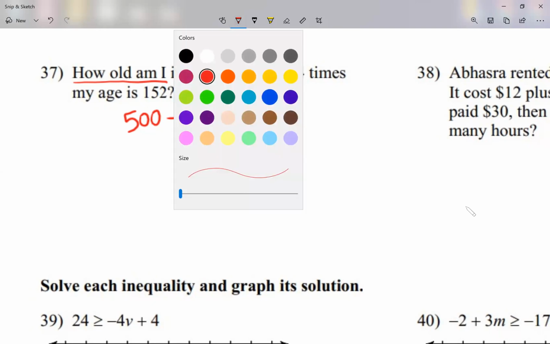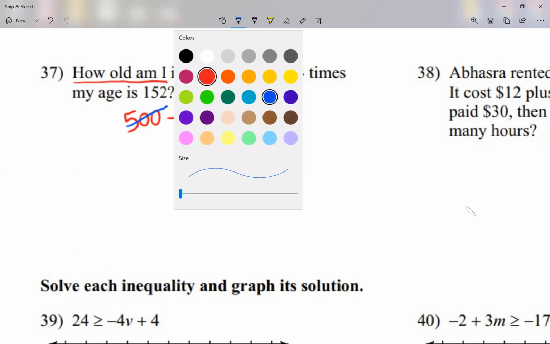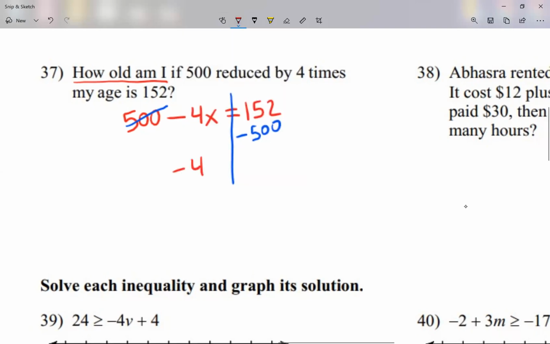Okay, now that I have it in symbols, I can easily solve this. First thing I'm going to do, let me separate them through the equal sign. I want the term with the letter by itself. So this 500, let me move it to the other side as a minus 500. So I have negative 4x equals 152 minus 500.